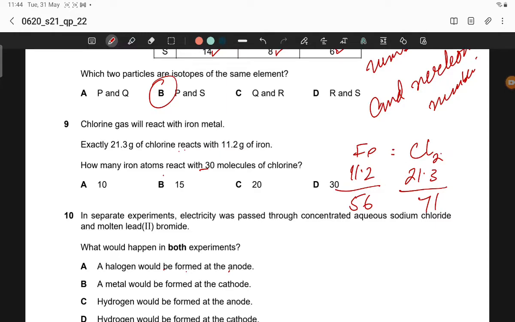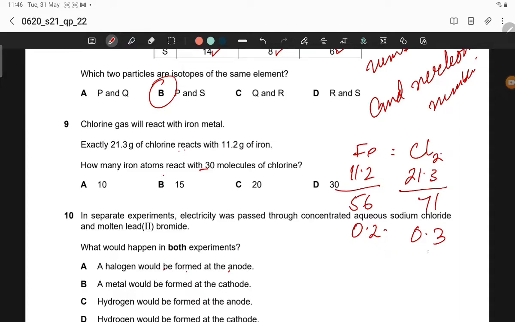Let's calculate. 11.2 divided by 56 is equal to 0.2, and 21.3 divided by 71 is 0.3. So how many iron atoms react with 30 molecules of chlorine?